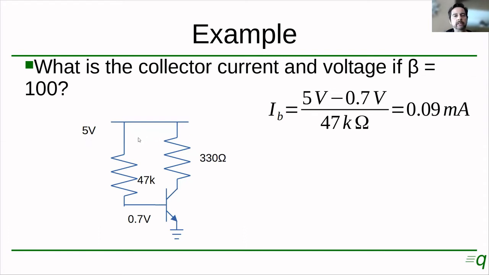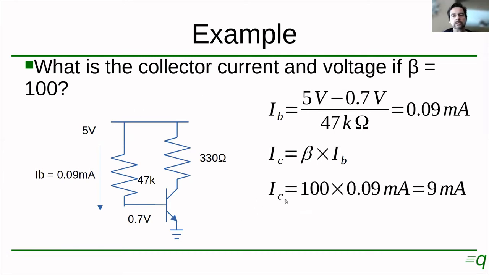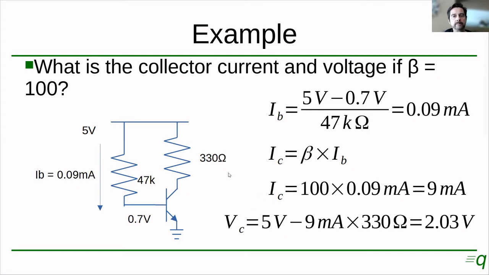Now, once we have the base current, 0.09 milliamps, we can calculate the collector current as beta times the base current, and beta is 100. So that results in a collector current of 100 times 0.09 milliamps, which is 9 milliamps, okay?